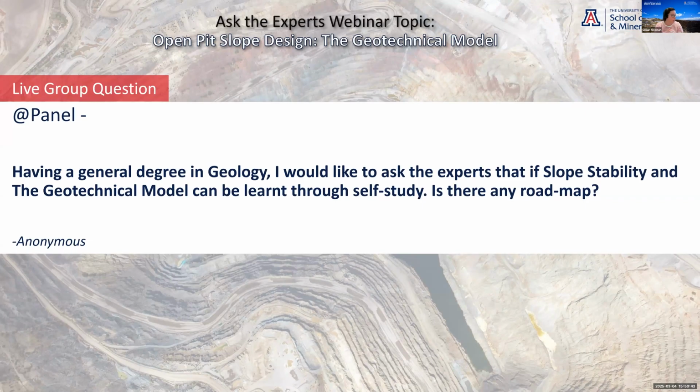I would recommend that, but I will also ask the panel if they have any other tips or recommendations for someone who wants to know more about slope stability and geotechnical models and maybe work at your organization someday. How do you train people? How do you take someone from geology to a specialist in geotechnical stability?